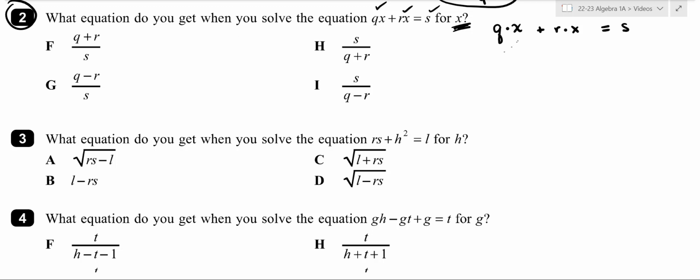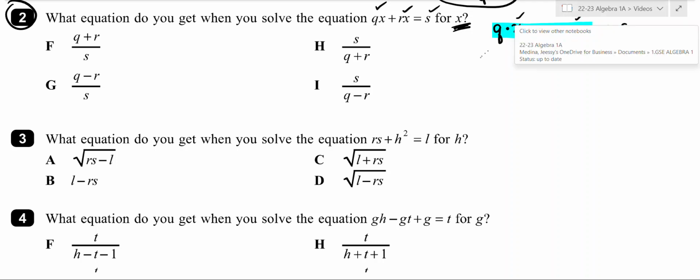All right, so you see how these two terms both have an x in them, right? Here and here. So this came about because an x was distributed here. So we're going to undo the distributive property.